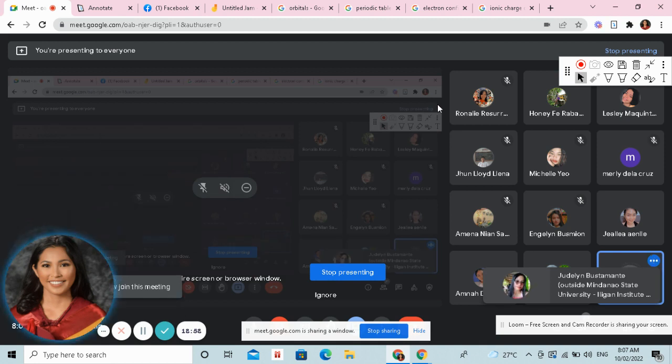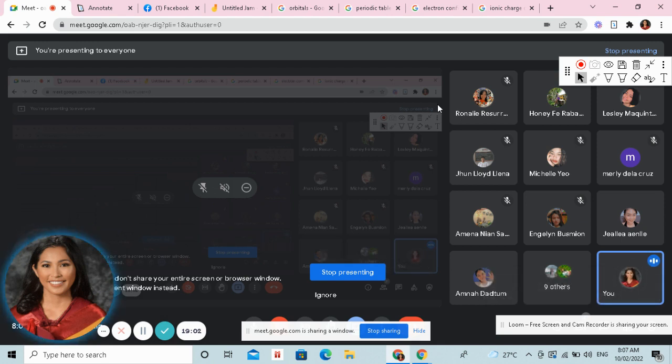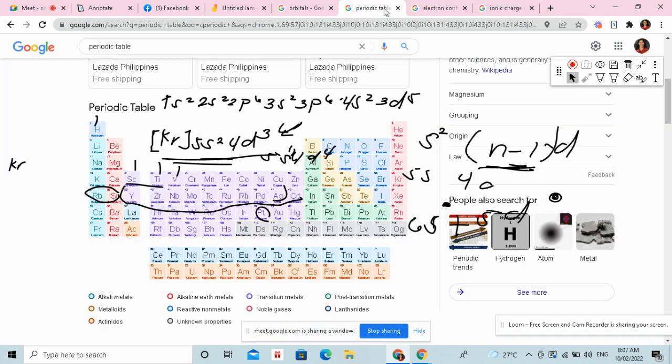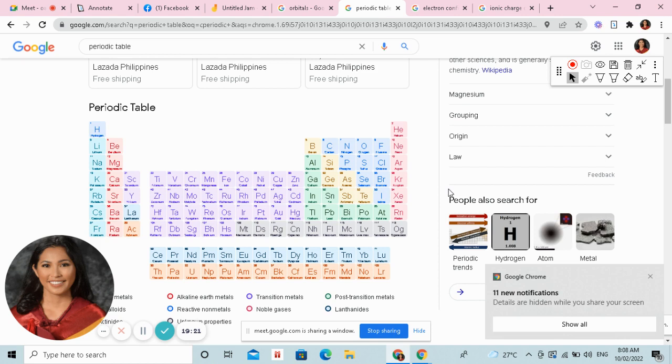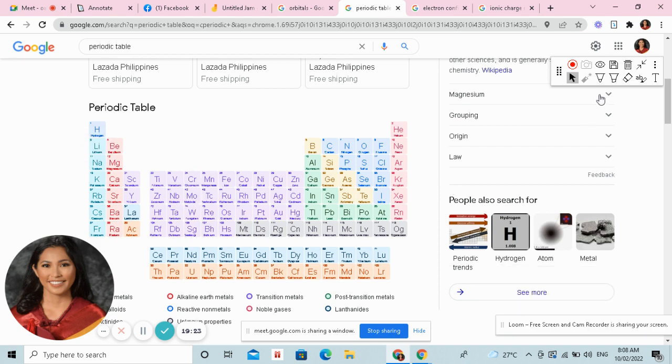Then we also have the trends in atomic size as we go down the periodic table. What happens to atomic size? As we go down the periodic table, what happens to the size? Mo increase, ma'am. Okay, it will increase.